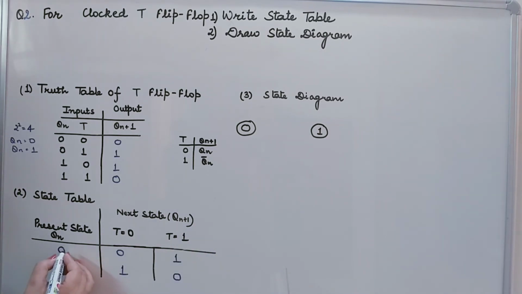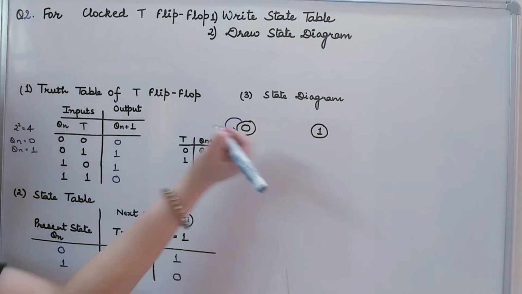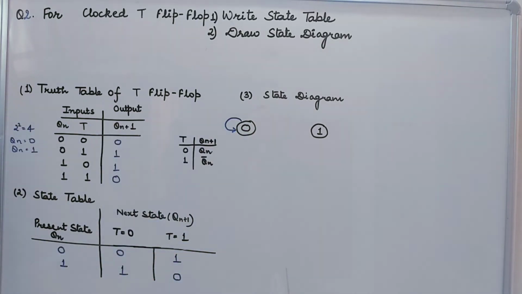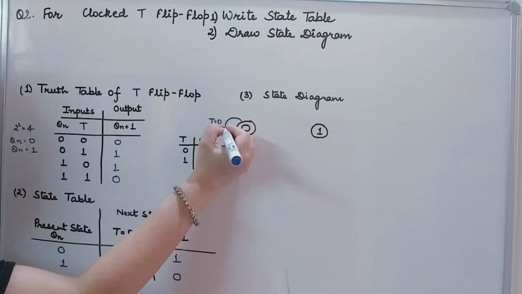Now let us see, the present state is 0, the next state is 0 for T equal to 0. It means the state is not changing. It is going back to the same state. So I am using a loop here. I can either write down T equal to 0, or I can simply write down 0.